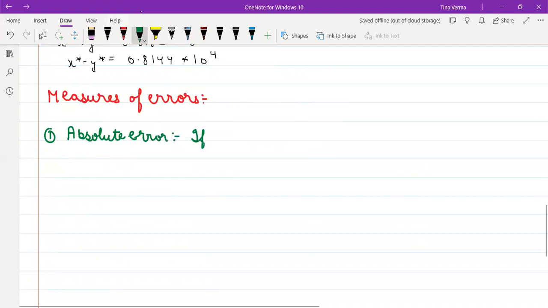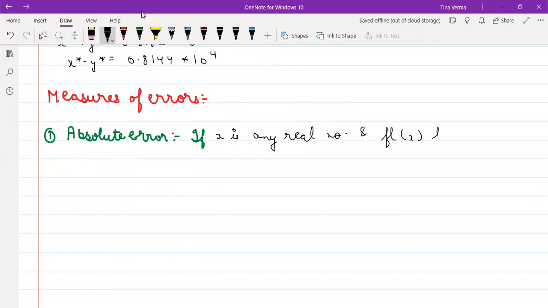Absolute error is, if you have any value, if x is any real number and FLX is its approximation, then the absolute error we denote by, and this is the absolute difference of x minus FLX. That is the floating point representation. This is known as your absolute error.